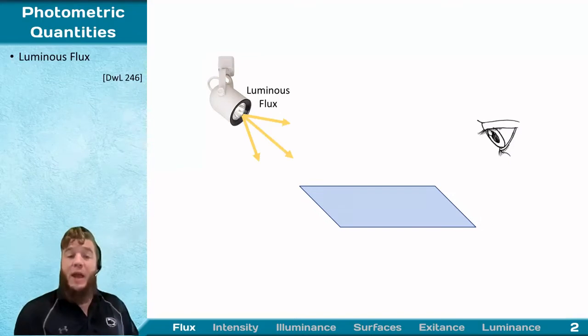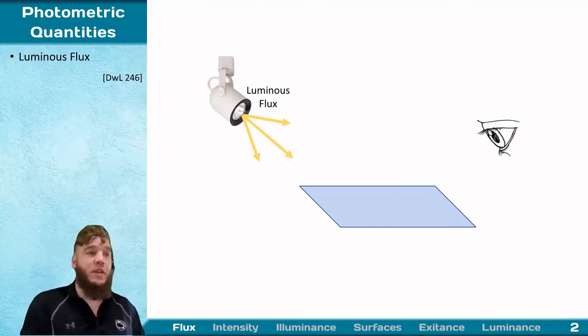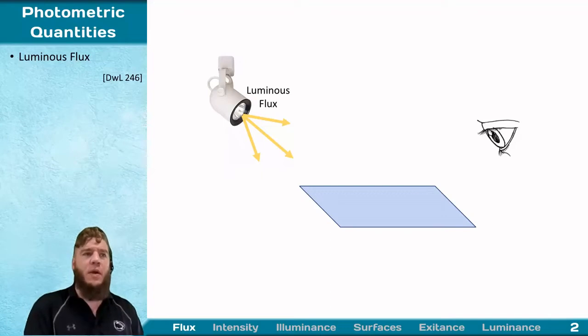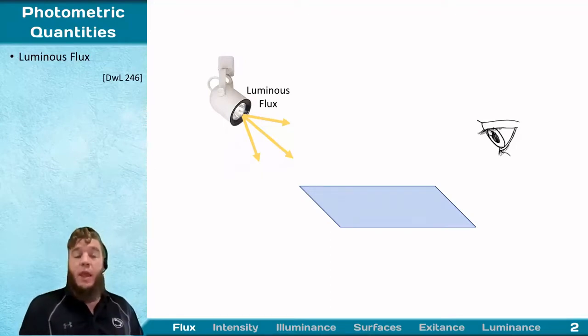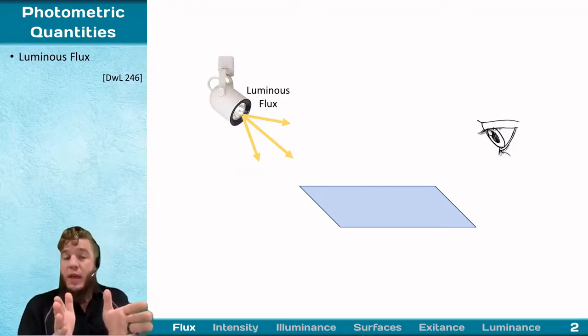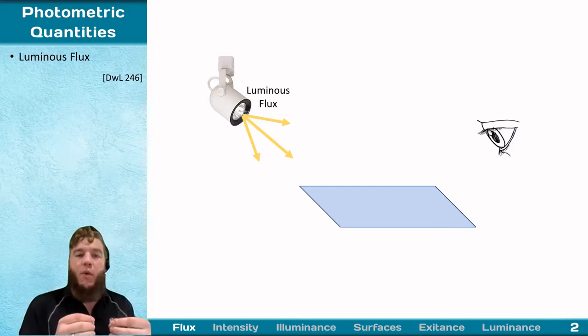First stop along our path today is going to be luminous flux. Luminous flux is a measure of the total light emitted in all directions by a light source. The way that light is emitted, the distribution of that light, doesn't affect that quantity at all. It's just the total light emitted.